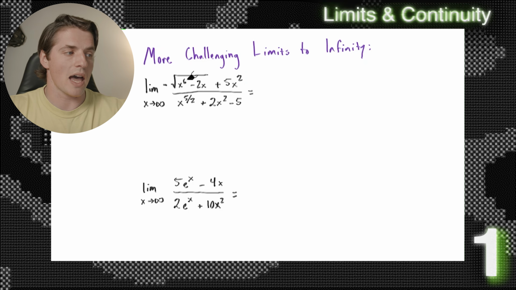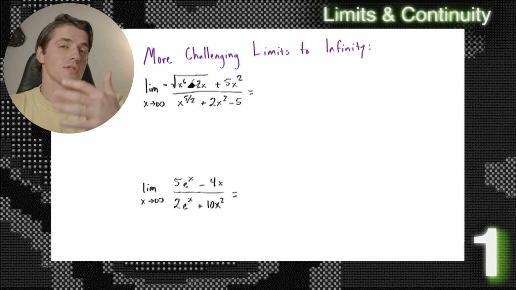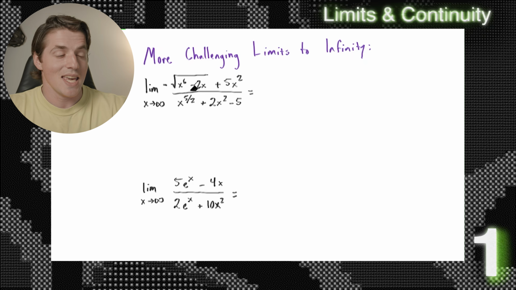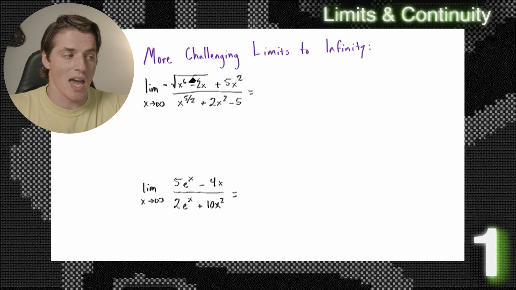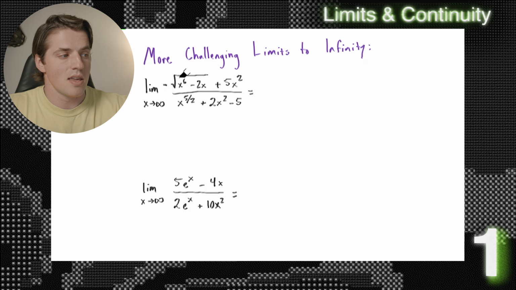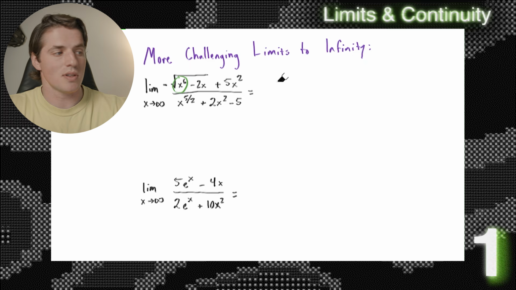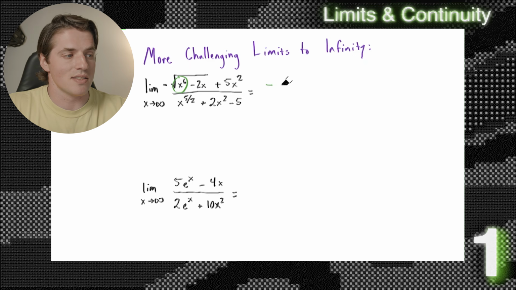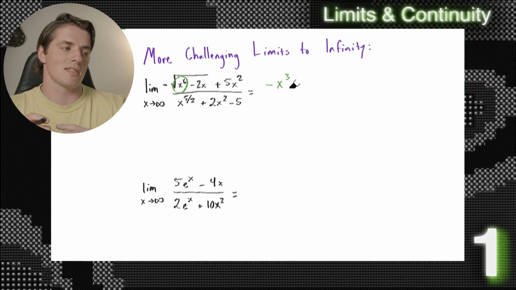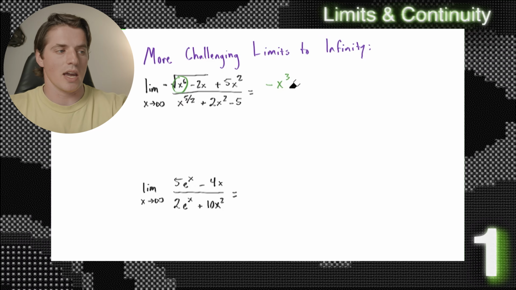But if we pull out x to the 6th, if we were to take the square root of x to the 6th, it would be x to the 3rd. We actually can do that. We're kind of breaking the rules of math, but we can take this out and pretend like this is negative x to the 3rd. We're taking the square root of x to the 6th and we're bringing it out.